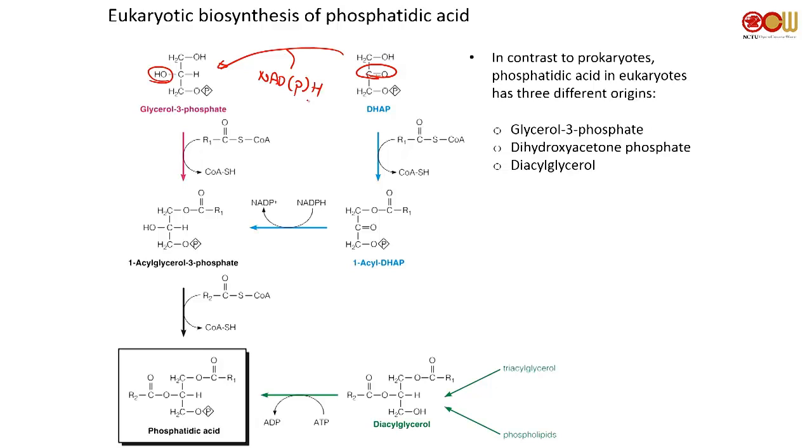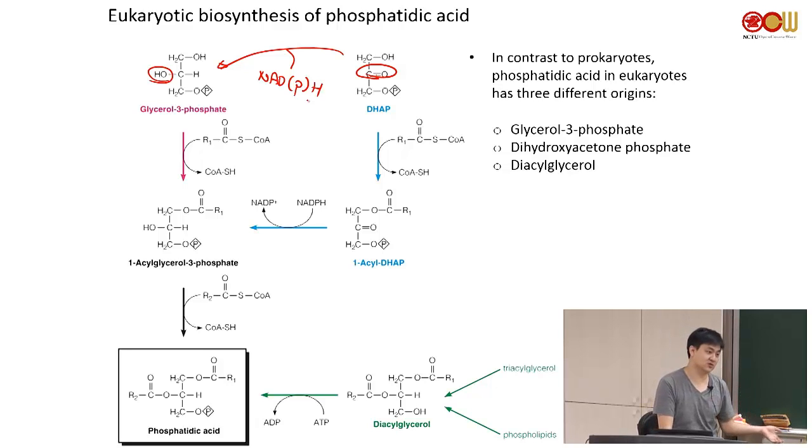So whenever you see a molecule becoming more reduced, that means it's going to use NADH or NADPH. How do I know a molecule is more reduced or more oxidized? You look at the number of oxygens, that's the simplest way. The more oxygen you have on a molecule, the more oxidized it usually is. Oxygen, oxidized, so it's easy to remember.